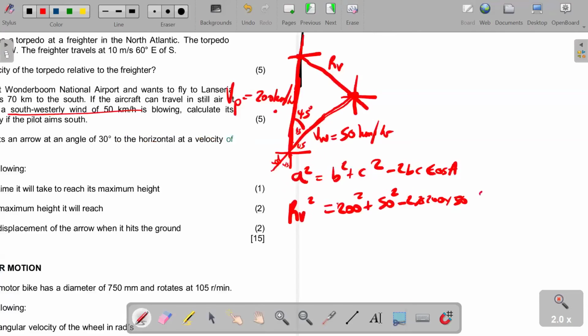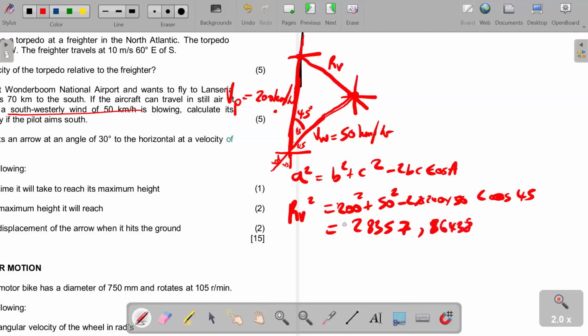If we punch that in, we get 28,357.86438. That's the square of our RV.